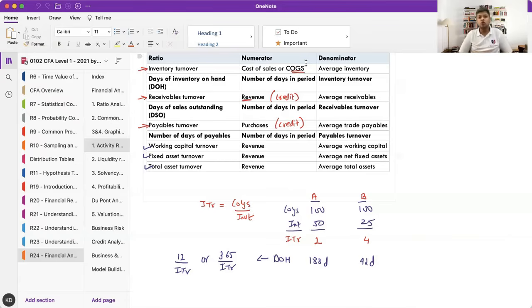So if I tell you that a company like Apple or Amazon, tell me one thing, and Deepthi can help me here. Deepthi, can you share some information about Amazon? How fast does Amazon pay its vendors or suppliers?